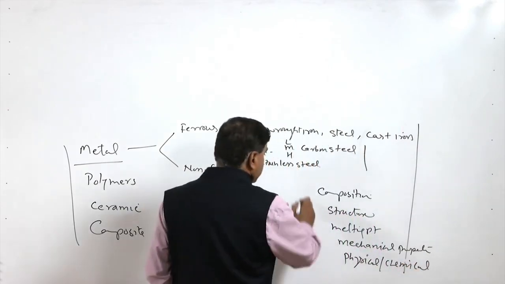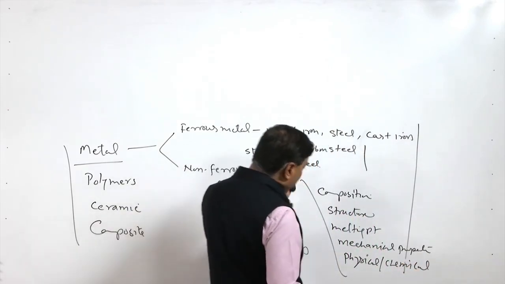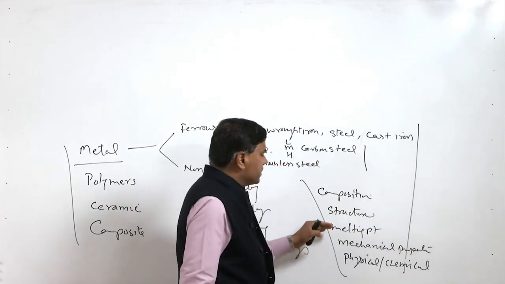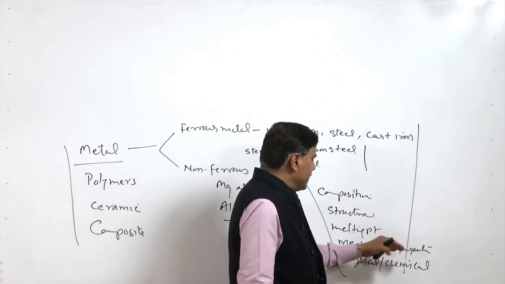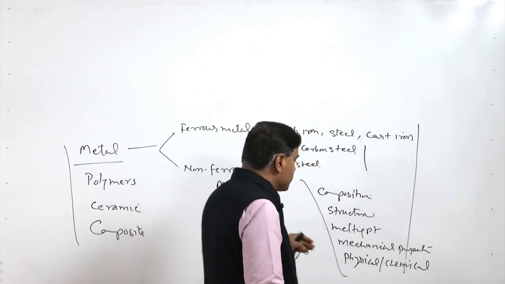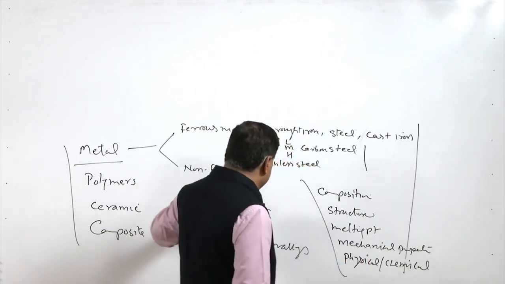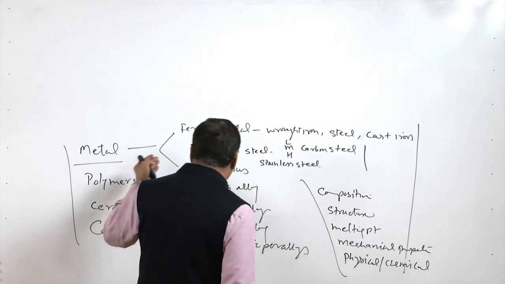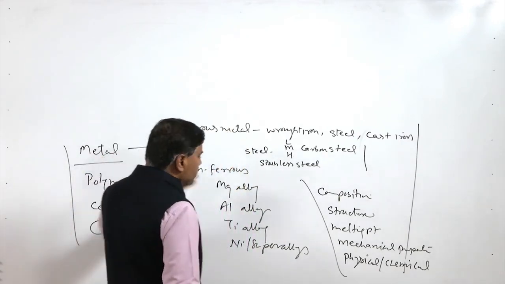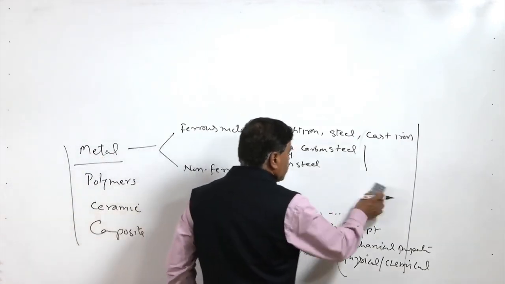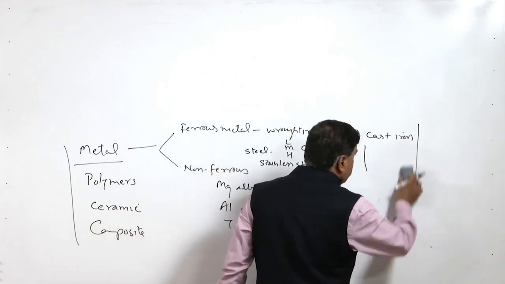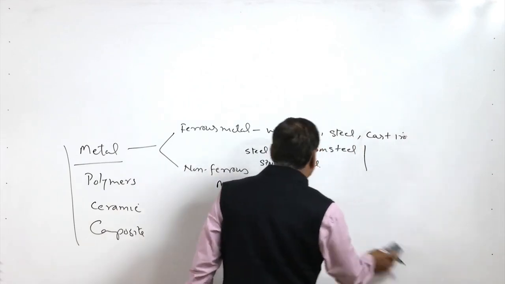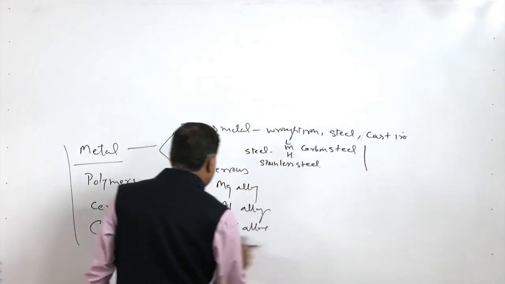So, since the systems are very wide, having different compositions, structures, melting points, and mechanical, physical and chemical properties, each of these metals cannot be processed equally well using a given process.